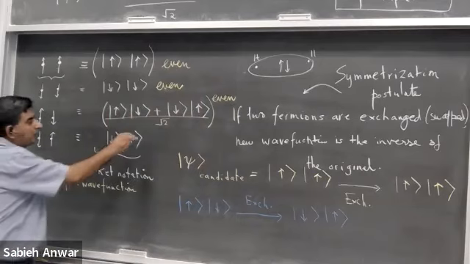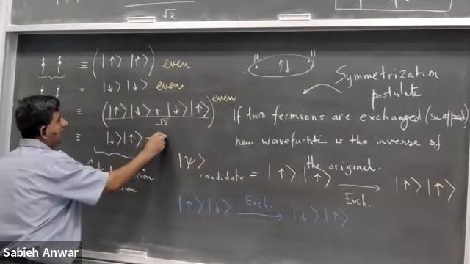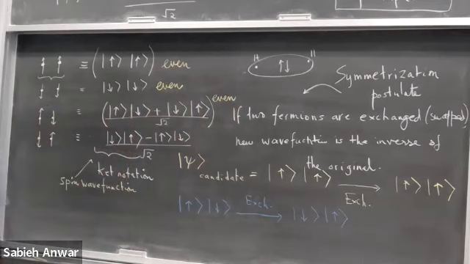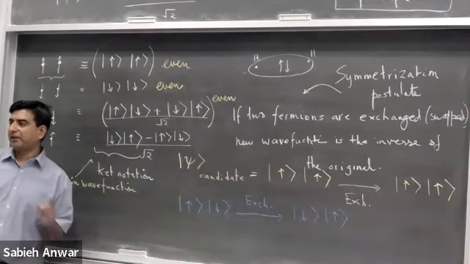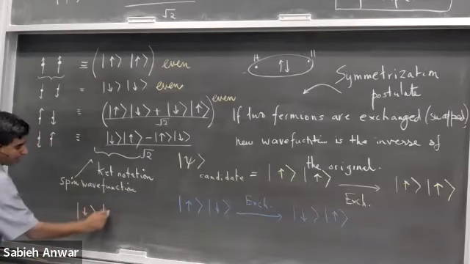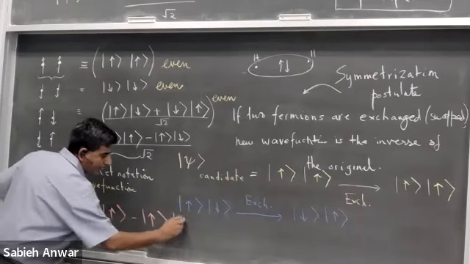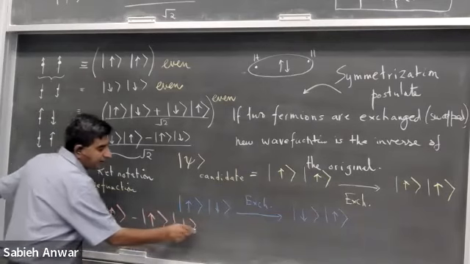So if I were to make a superposition in this form, put a minus sign, will this render this wave function even or odd? So this is my original.